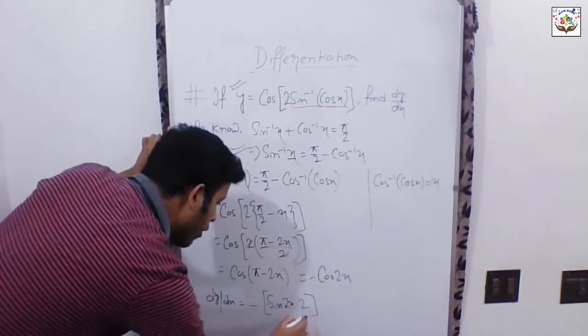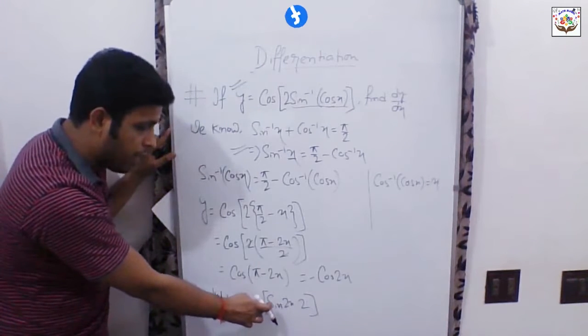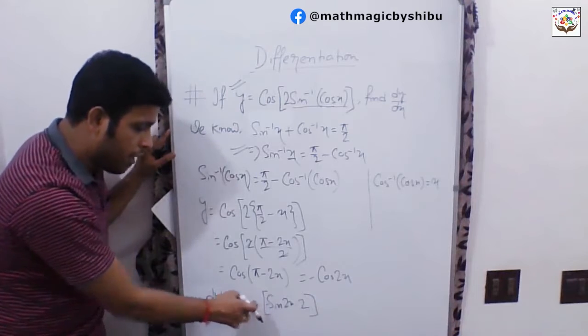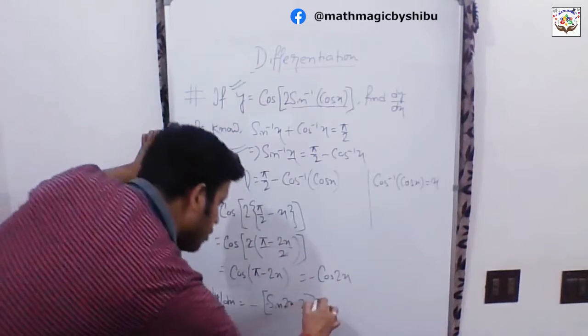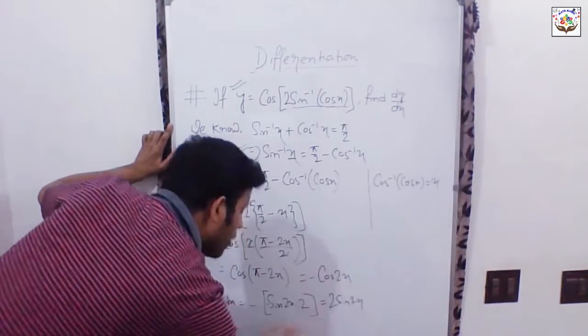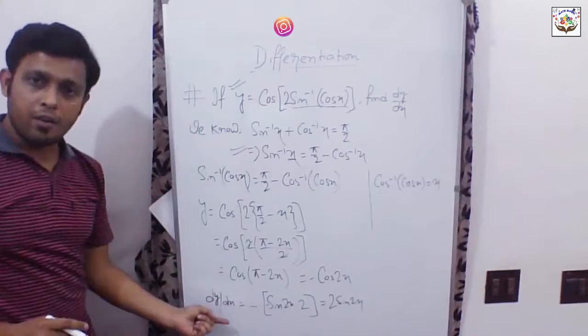We already have a minus outside of the bracket, and within the bracket we have a minus, and this is multiplicative. So minus into minus will be plus, so it will be 2 sin 2x.